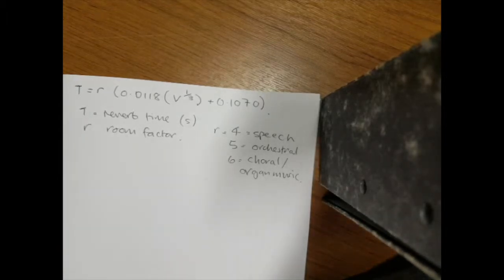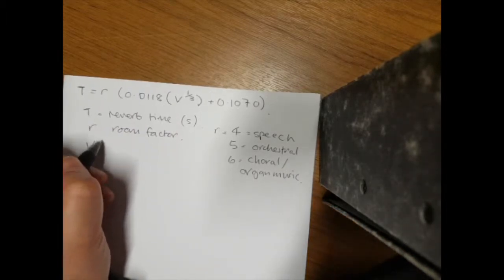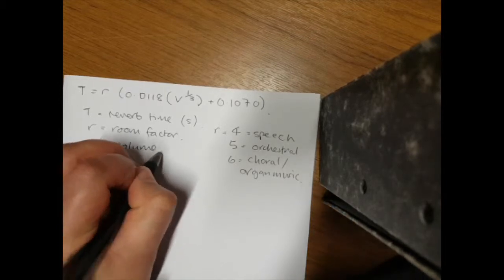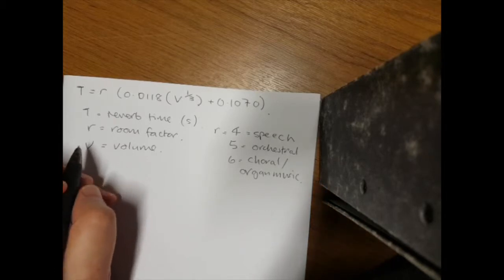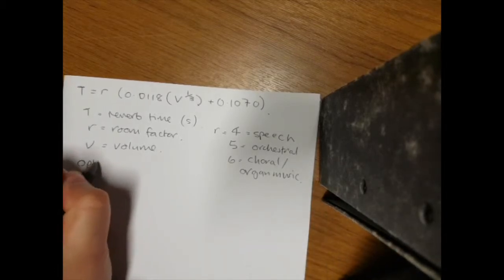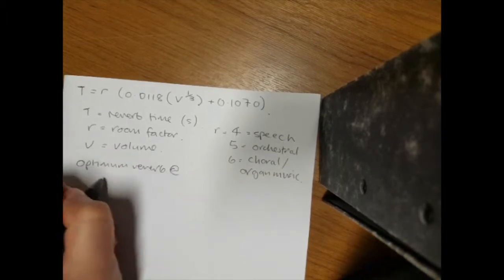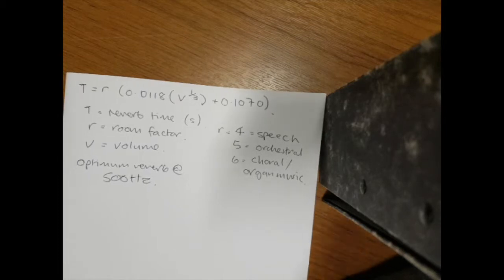So that's fine. Then the other thing that we need in here, which is this V, is our volume. So that's just our room volume. And what this will give us is the optimum reverb at 500 Hertz. So it will only work out what our optimum reverb should be at the 500 Hertz band.